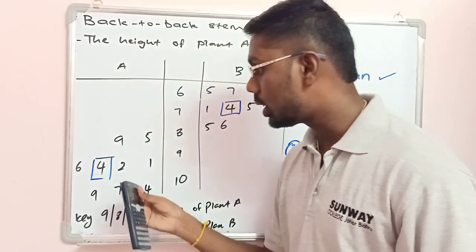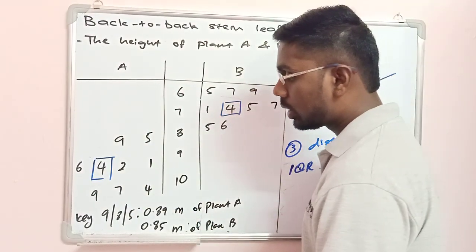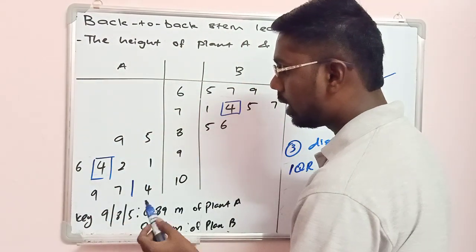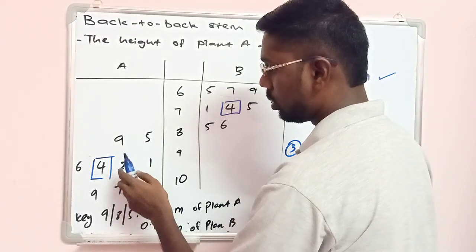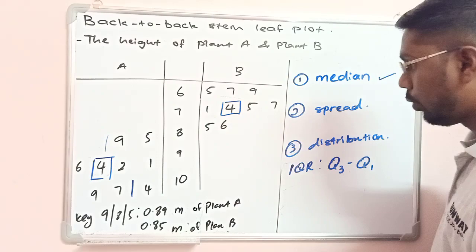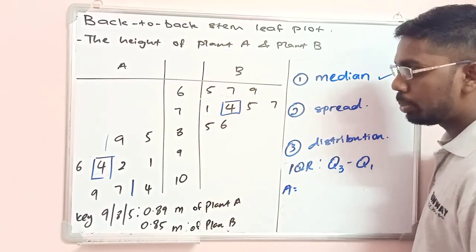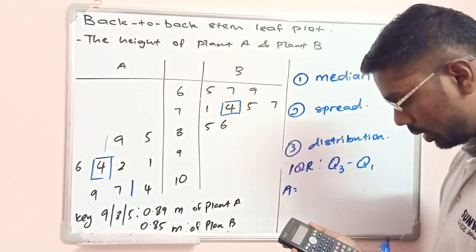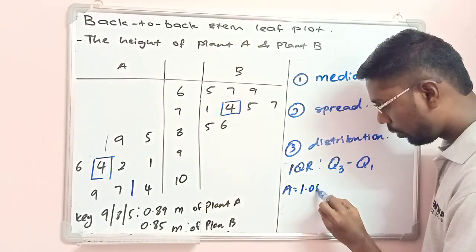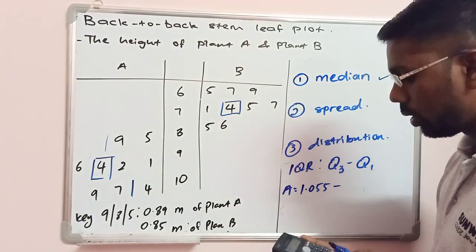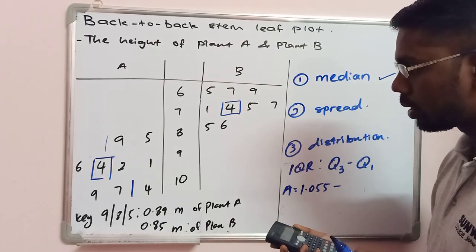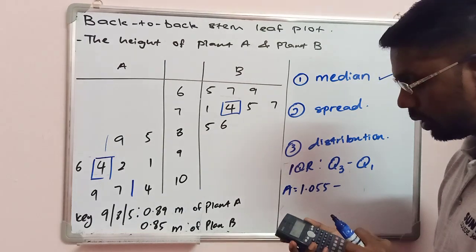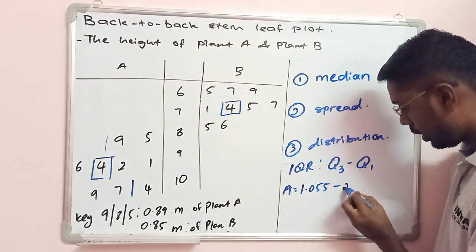So here, let's look into the third quartile. So the third quartile is going to be here, Q3, and your first quartile is going to be here. So for A, the third quartile is 1.04 plus 1.055, minus the first quartile, which is 0.91 plus 0.9.